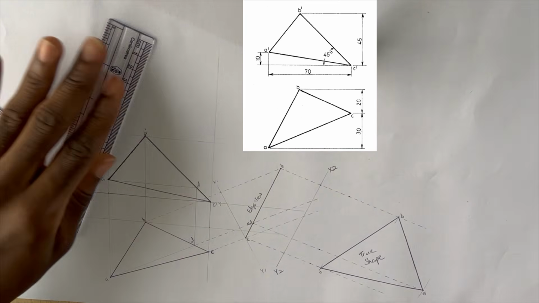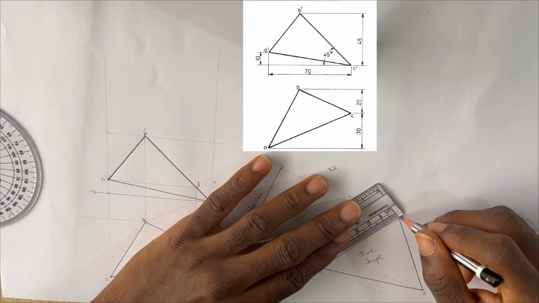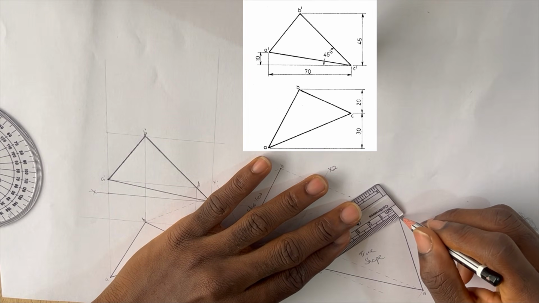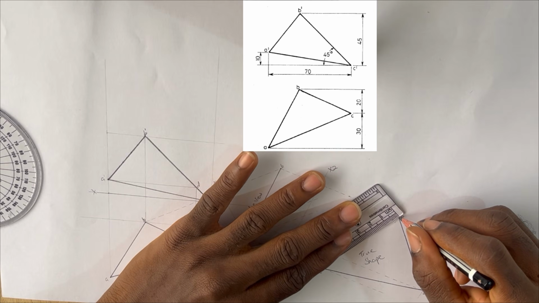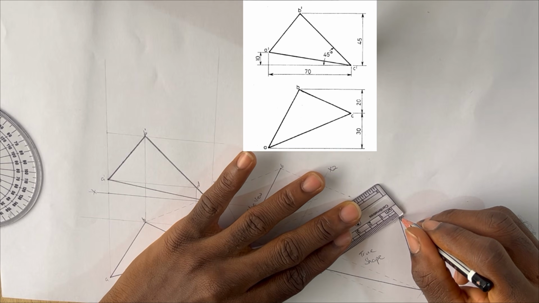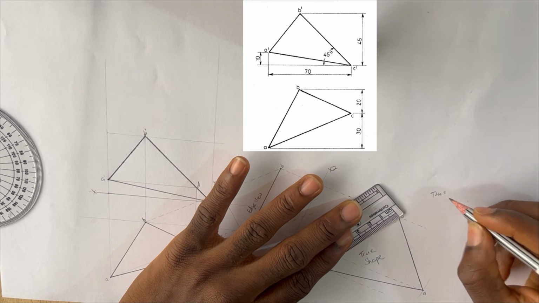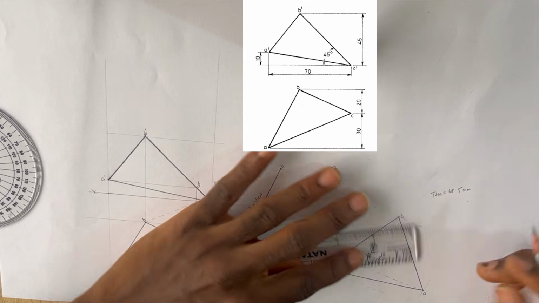Okay, so just for precision or accuracy's sake, let's just measure the true length of BC. So the true length of BC over here is some 68.5. So I'm getting 68.5 millimeters.